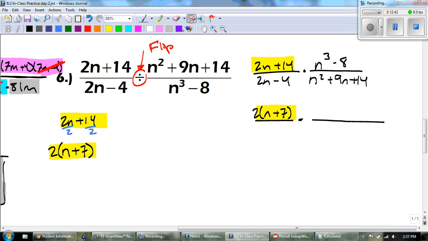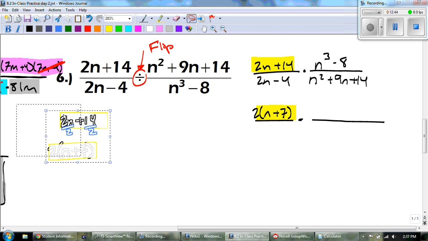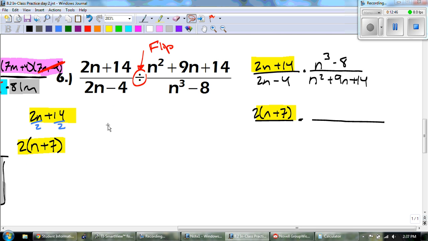Okay, so I took care of that. Sorry guys, I'm just going to move this over a little bit because this is going to take up a lot of room. All right, so let's go to 2n minus 4. Once again, guys, there is a GCF there. Got the GCF of 2, and then we're left with n minus 2. So I have 2 parentheses n minus 2.